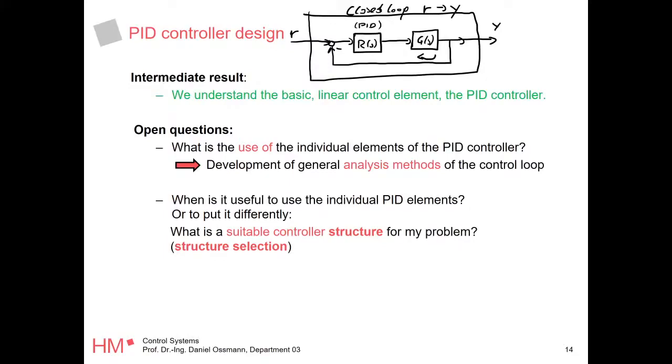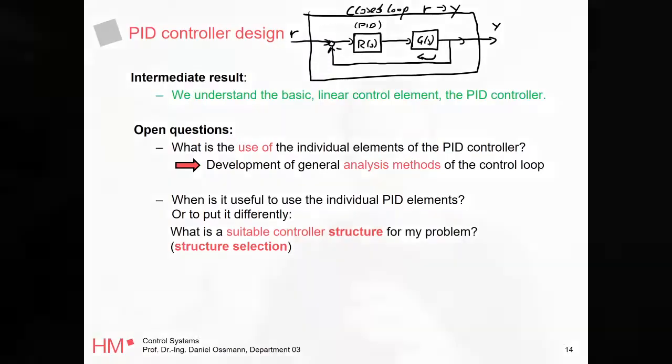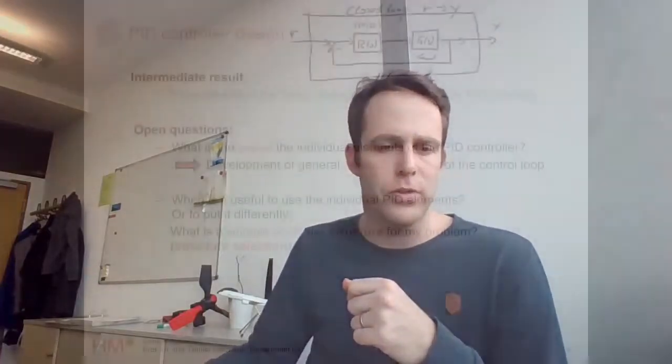Although you have a lot of different systems, we're always taking the same controller, and you will see the effects the single elements of our PID controller have on all these different systems. You can categorize this. But to understand what these elements are doing, we need to understand what we should analyze of our closed loop. So today we're going to talk about how to analyze a closed loop system.